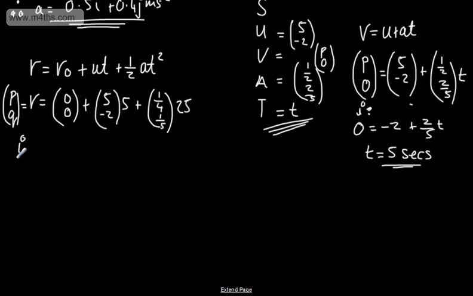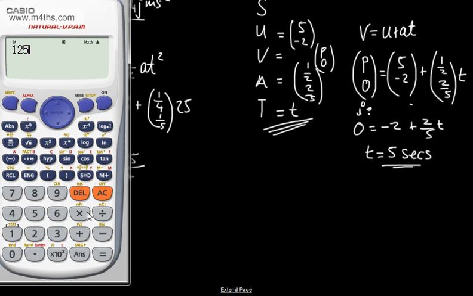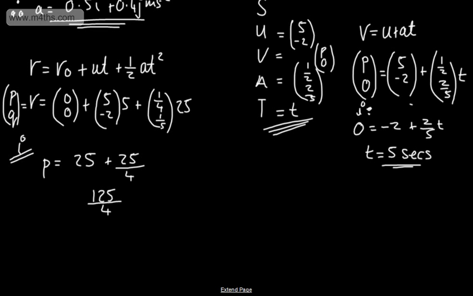We can now look at the i components. p will be equal to 0 plus 5 times 5, which is 25, plus 25 over 4. So what's that going to give me? That's going to give me 125 over 4. Let's just try and do that: 125 divided by 4, and what do we get? 31.25. So we can say 31.25 i.